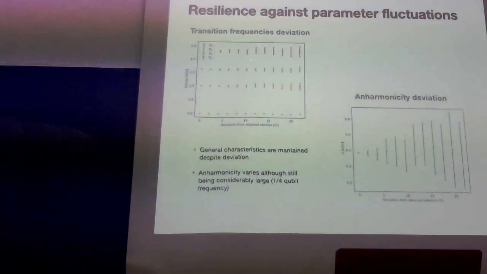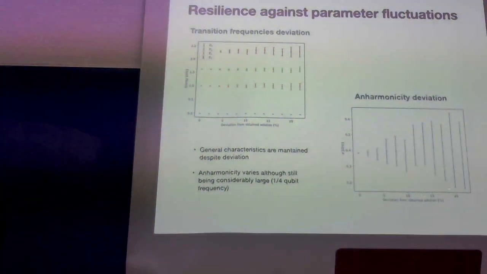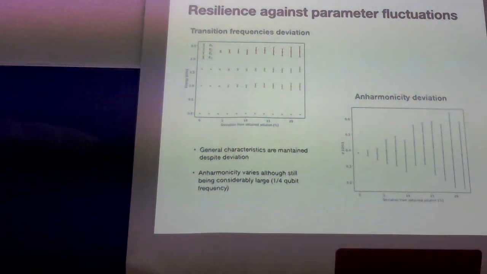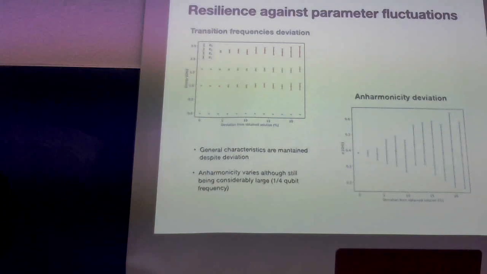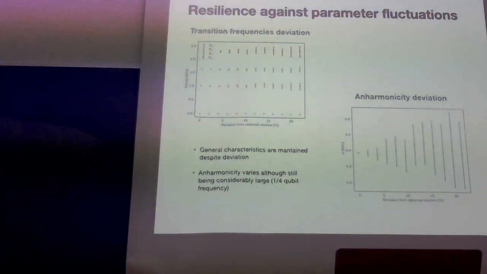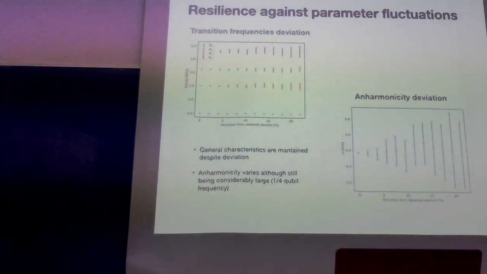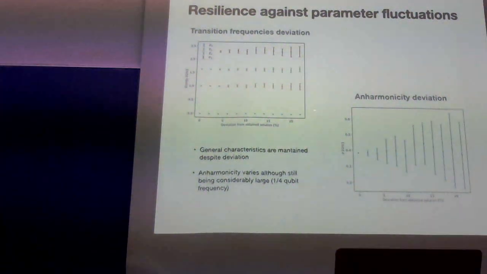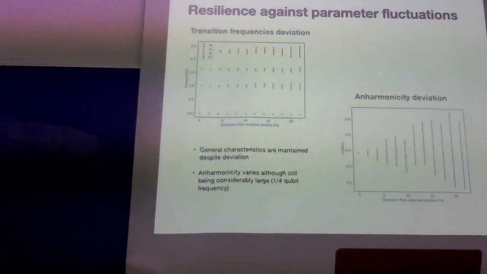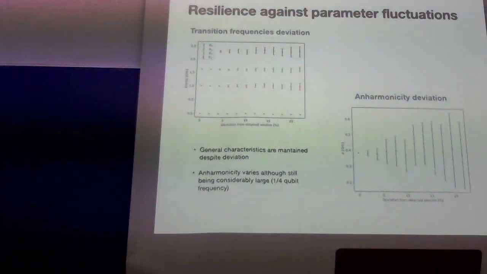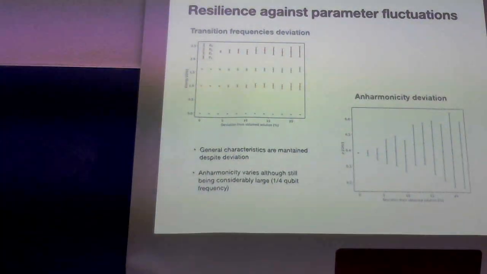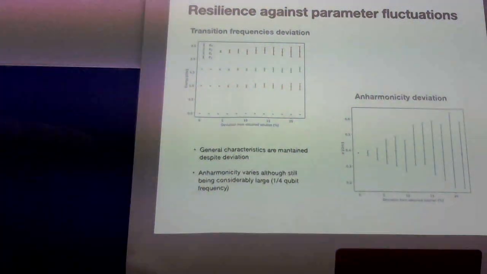More or less you can see that the energy spacing remains the same, the anharmonicity decreases as we increase the deviation, but up to 200 megahertz, which is not that bad if you have 1 gigahertz frequency. But yeah, I don't think this is too fair a comparison here, because, well, it's not done yet.